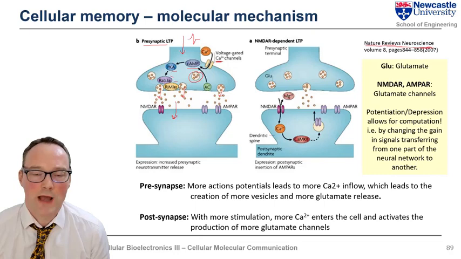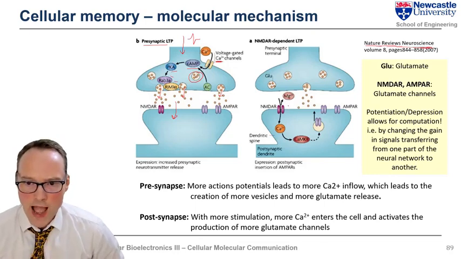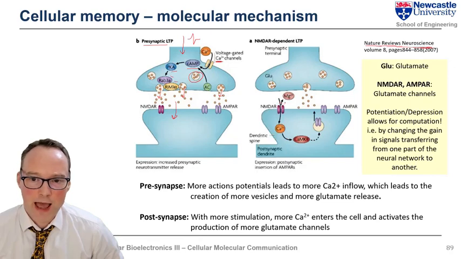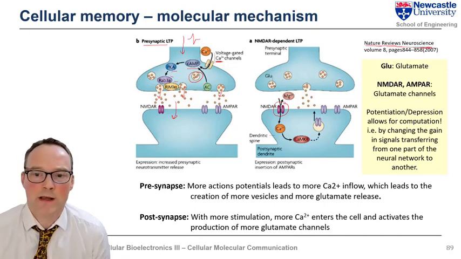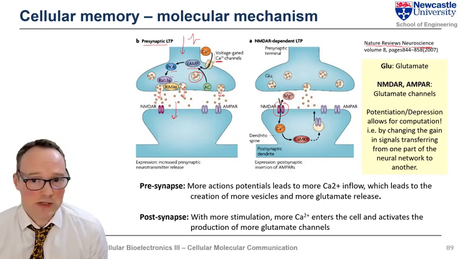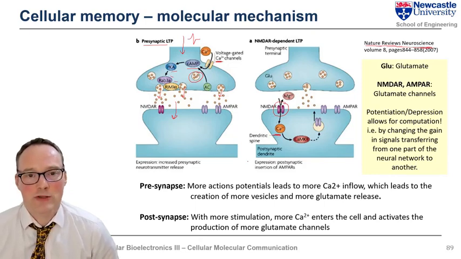the post cell. Once this happens, as you start having neurotransmitters activating individual receptors in the postsynapse, again, it's not just sodium which enters the cell. You now also have calcium entering the cell.